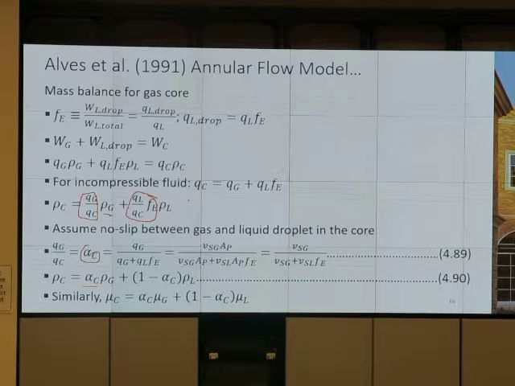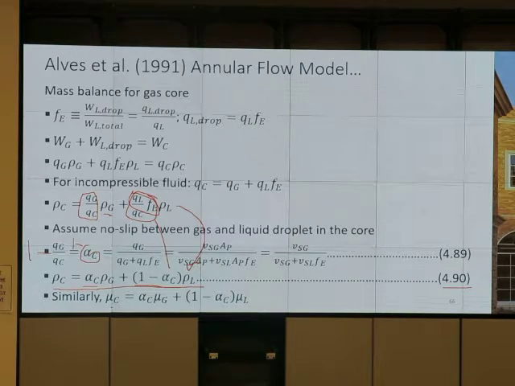Right? So this kind of thing is equivalent to 1 minus alpha C. See this to this? Or if you do 1 minus that and 1 minus that, so 1 minus QG over QC is QC minus QG over QC, and QC minus QG is that term. So this equation becomes that. Equation 4.90. Basically, density is the weighted average based on holdup or void fraction within the core zone.